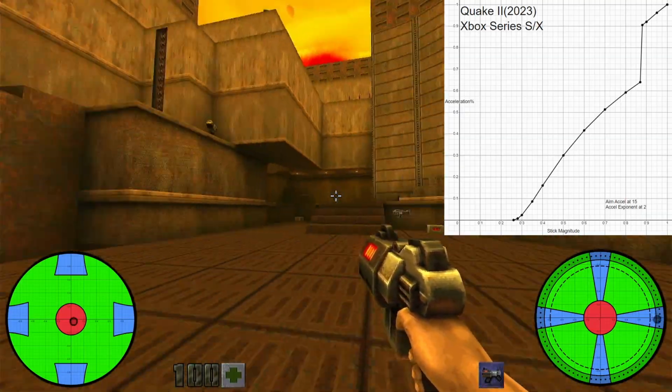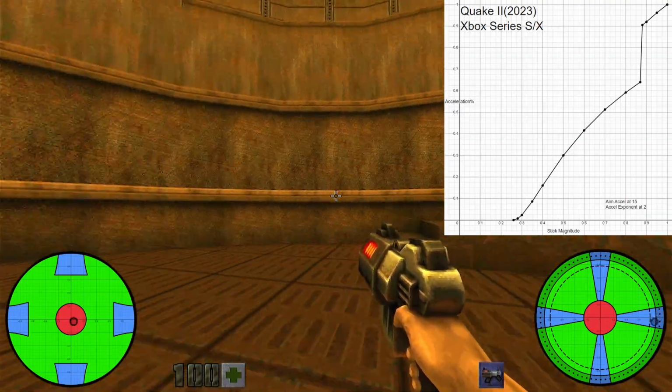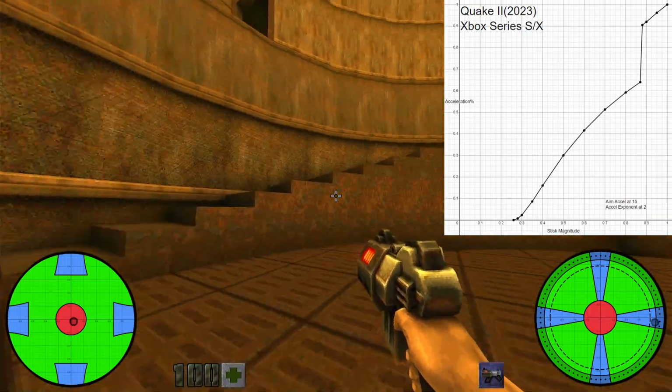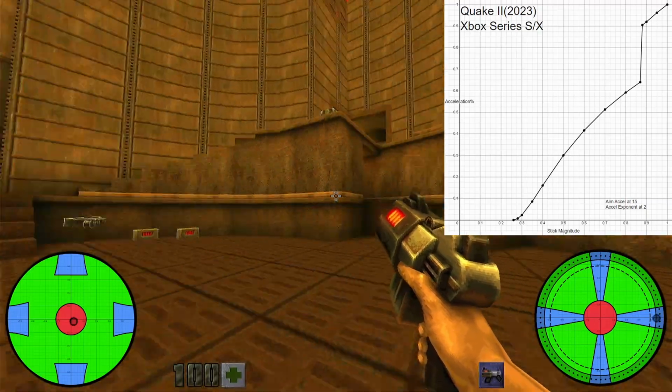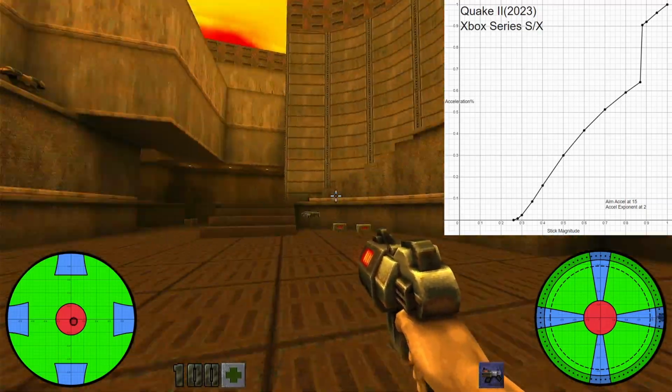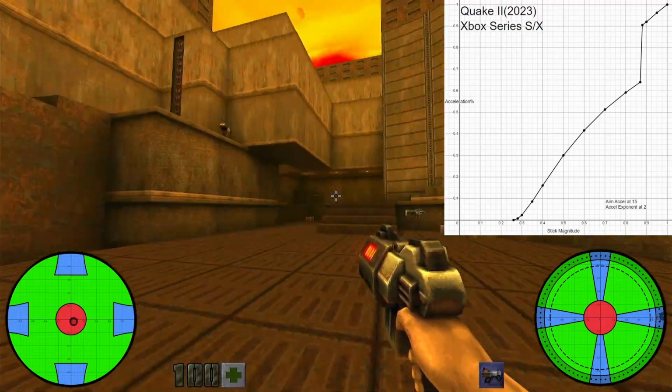It might be a little difficult to tell, but there's no acceleration, and this is accelerated. And it tapers off slightly with more stick input until it reaches its maximum.